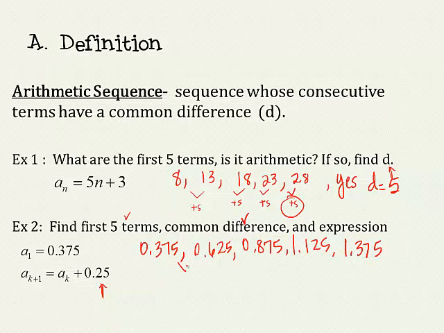The common difference, what did I do to get from one term to the next? I added 0.25. Okay? Knowing that, I can then write my expression just like before. If I know what the common difference is, that is what gets multiplied by the n. Remember, the n is the number of the term in the sequence. So I say 0.25n. Well, if I put in a 1 for n and multiply by 0.25, that's not my first term.